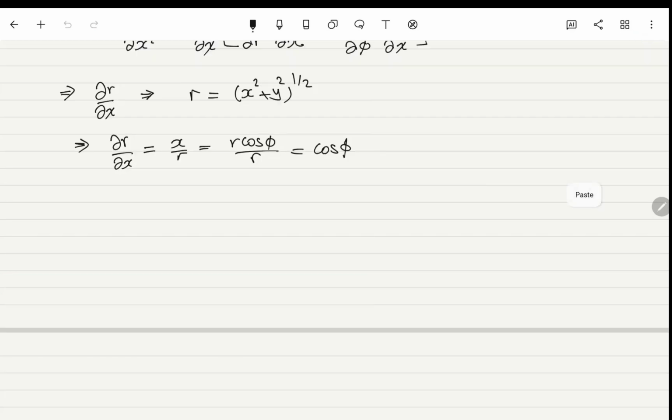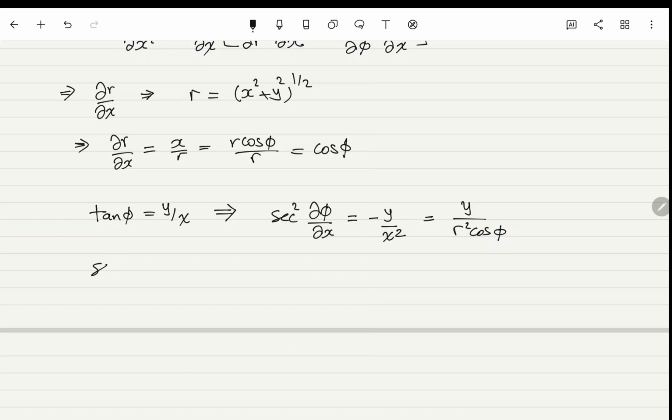With the aid of the equation tan phi is equal to y over x, we will get secant square phi partial phi partial x is equal to minus y over x square, or y over r square cosine phi.